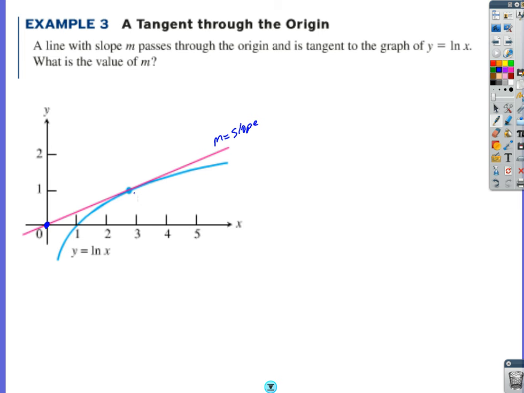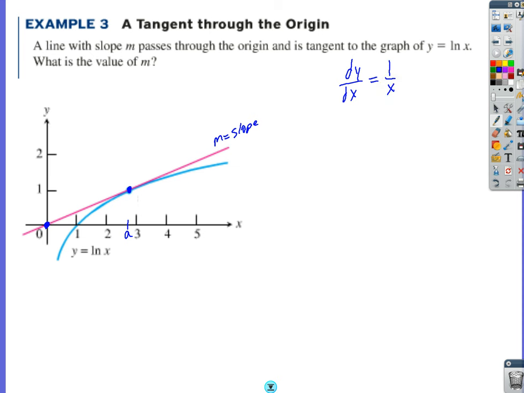So this is where we have to realize we have a couple of different ways to find this slope. First, the way we've all been thinking of: here's this point, I'm going to call it A, and I can find the slope at point A. So I take the derivative of ln of x, which is dy dx equal to 1 over x.